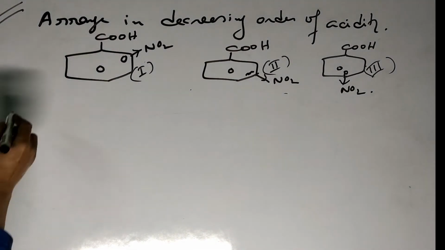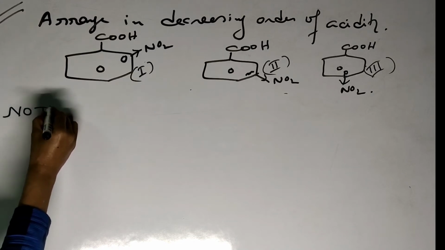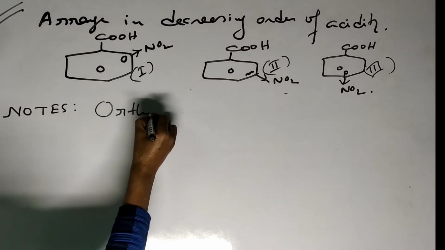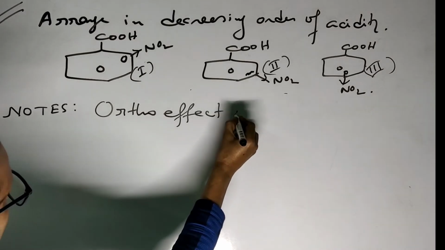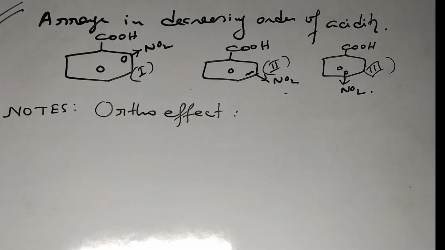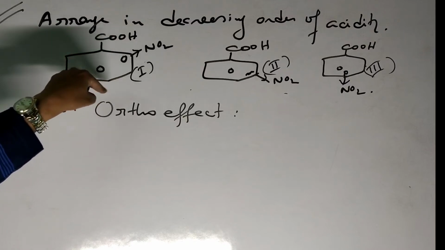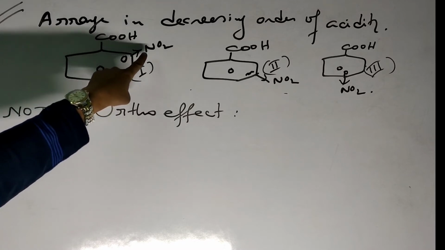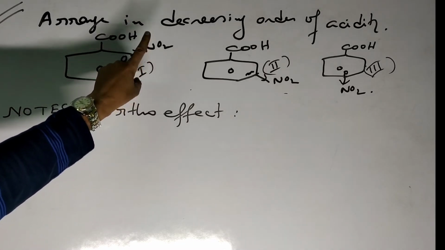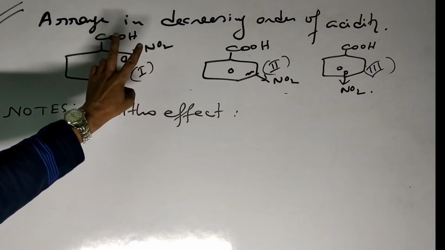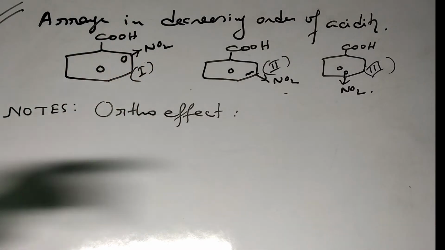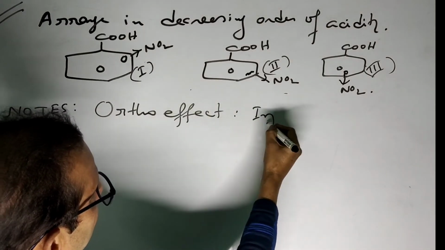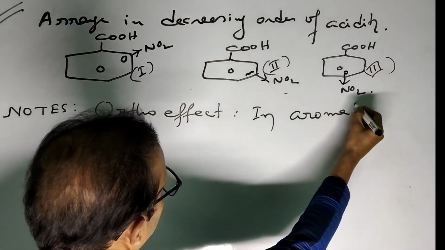Remember it, this is called ortho effect. Write the notes and I will give the answer, okay. It is ortho effect. In aromatic carboxylic acid at ortho position, whether there is an electron withdrawing or donating group, I repeat it, that acid is the strongest acid. That's called ortho effect, okay.